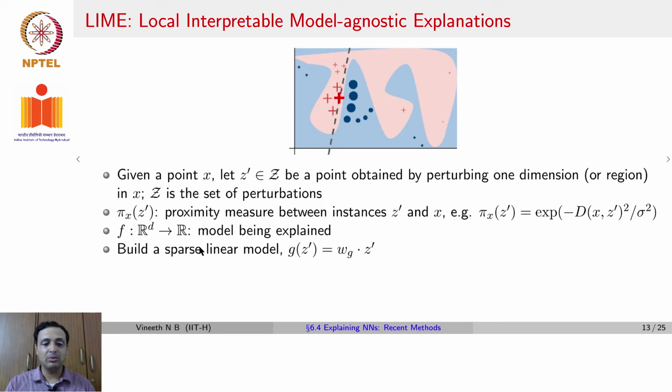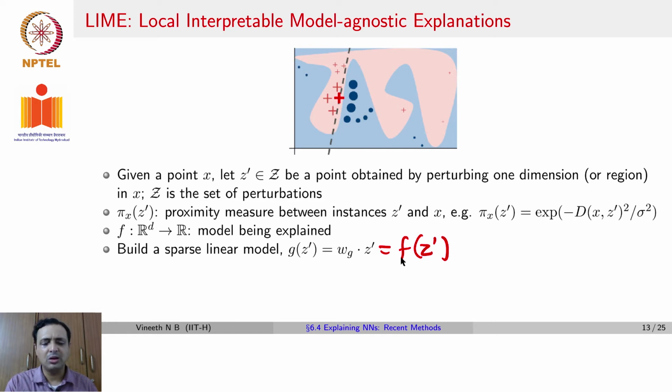Our goal now is, given these perturbations z prime and your original image x, to build a model g of z prime such that g of z prime is equal to w_g times z prime, which is the linear model, such that the output of g of z prime is the same as the output of f of z prime.